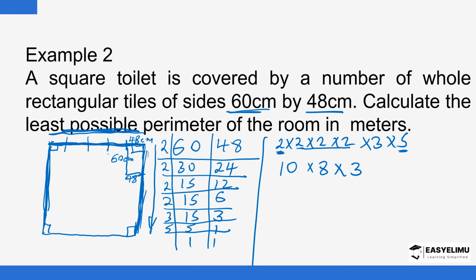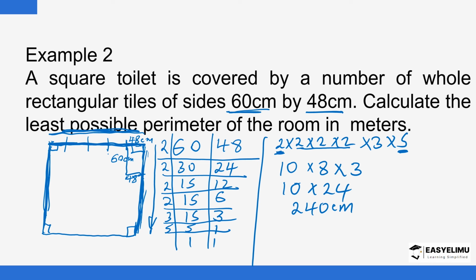So I started by multiplying 2 by 5 to give me a number that is ending in a 0 like 10. So 8 by 3 is 24 now. So we have 10 times 24. And of course, now multiplication by 10 is easier. So this is 240 centimeters.